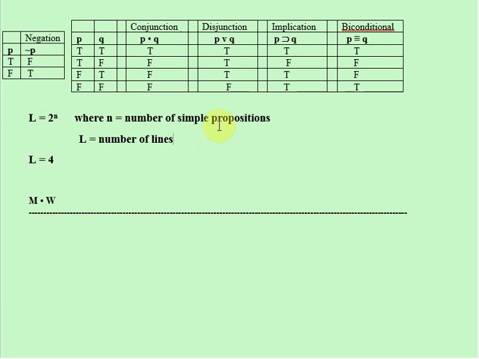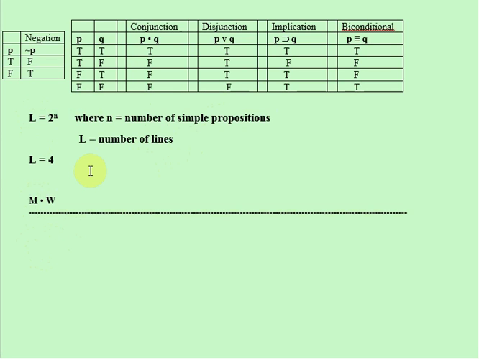Okay, so let's talk about what counts as a simple proposition. Well, a simple proposition is basically just one unique letter. So M is a simple proposition and W is a simple proposition. So here we have 2 simple propositions, right? A negation with a simple proposition is already complex or compound.